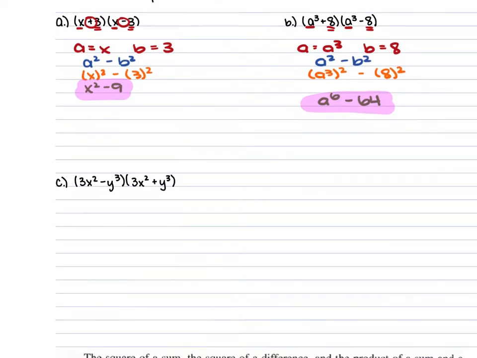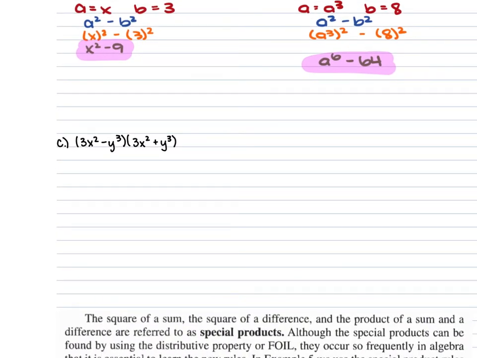For example C, we have 3x squared minus y cubed times 3x squared plus y cubed. So in this case, my a is going to be the 3x squared, and the b is going to be that y cubed. So again, we'll use a squared minus b squared.